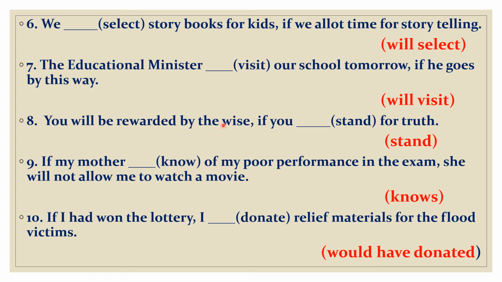You will be rewarded by the wise if you dash for truth. If plus subject plus simple present tense. Here see the answer. In this main clause, you will be rewarded by the wise. Will be rewarded is given. So stand is the answer.